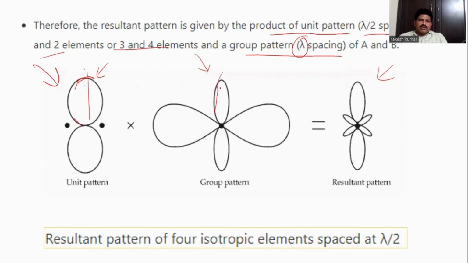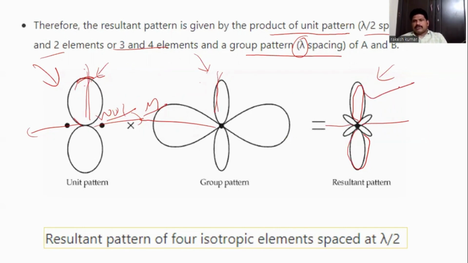Whenever both sides are having major lobes, we'll get the major lobe in that direction. But if you observe in this direction, here you are having null, here you are having a major lobe. So when null and major lobe are there, you don't get any wave. Okay, so here maximum radiation, here maximum radiation means in that direction only you will get the maximum radiation.